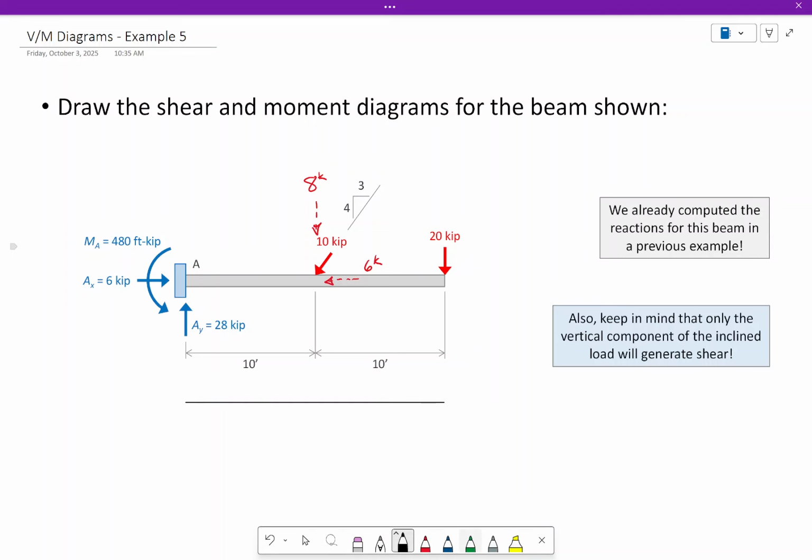So if I wanted to draw an axial force diagram, this would be the forces along the axis. I propose that from here to here, the member is experiencing compression. And it's experiencing what? 6 kips in compression? So what I would say is that the axial force diagram would look like this.